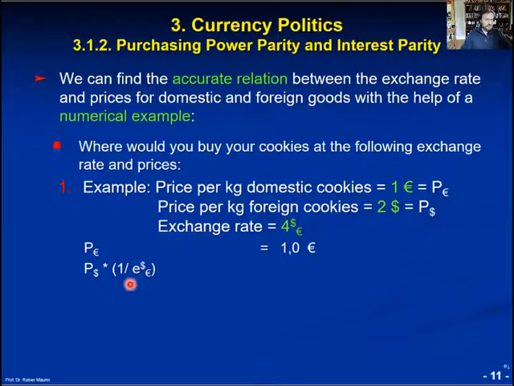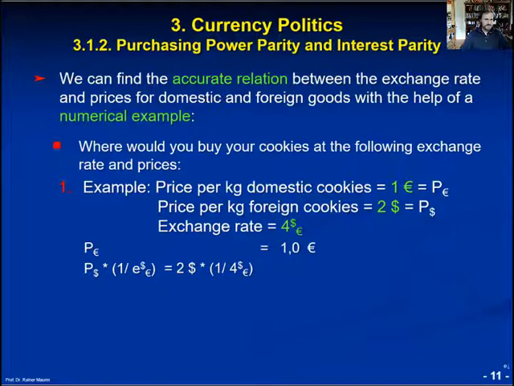To do so, we have to divide the dollar price over this exchange rate. If you divide it, then the dollar dimension cancels and we receive a simple euro dimension of this price per kilogram.